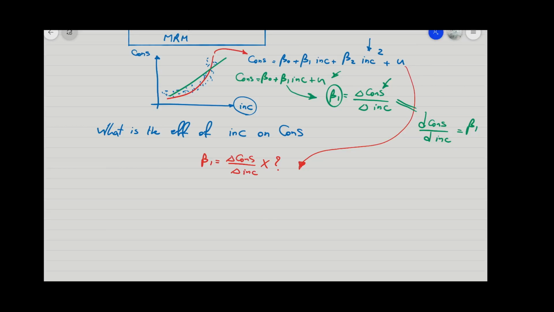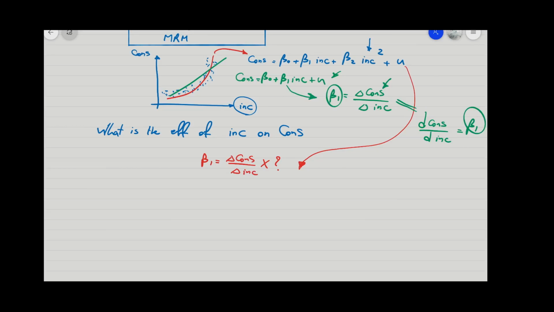So basically, in the simple regression model, we were taking derivatives to see what is the effect of income on consumption, what is the effect of x on y. Literally, we were taking derivatives, but we didn't call it a derivative because we just wanted to keep things simple. But now in the multiple regression model, it's time to come up with a more exact and accurate explanation. So basically, we have to take the derivative and then start interpreting things.